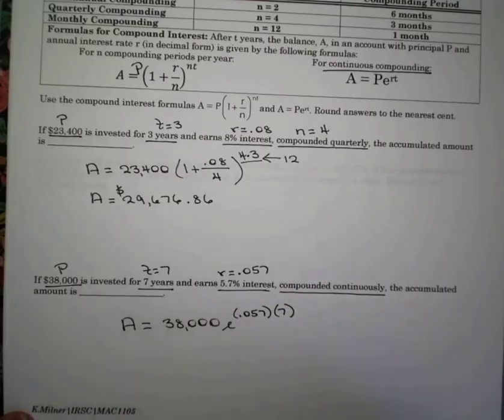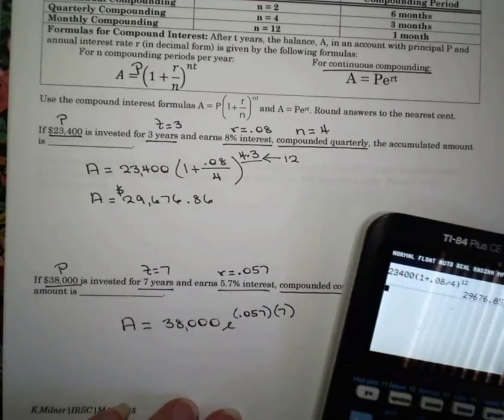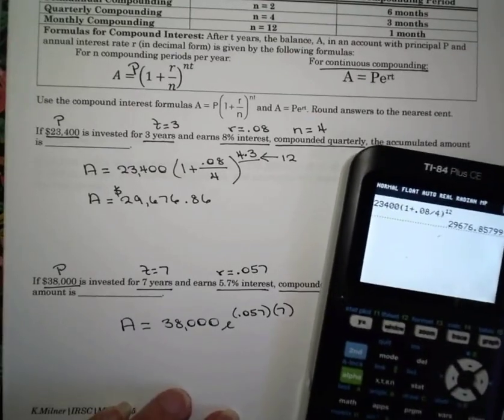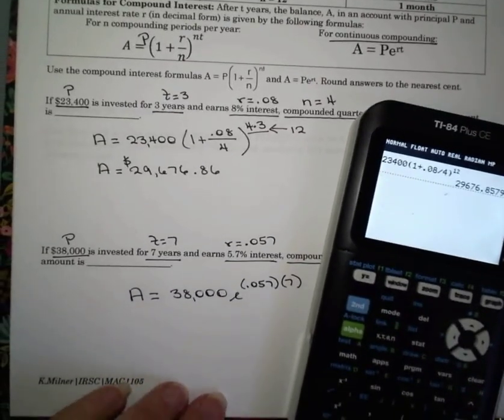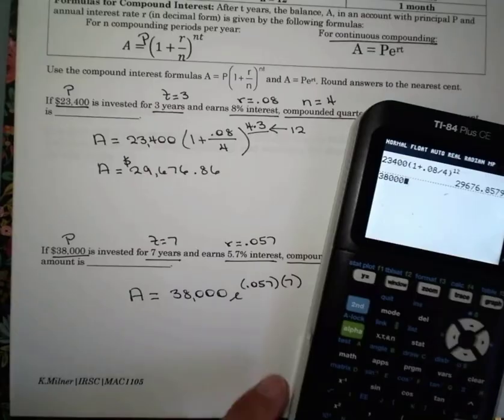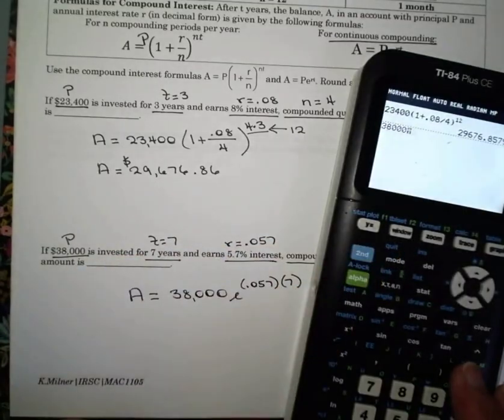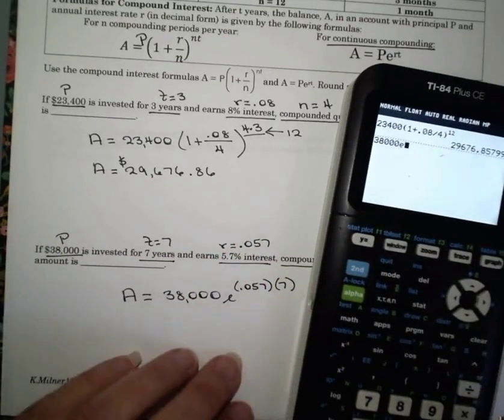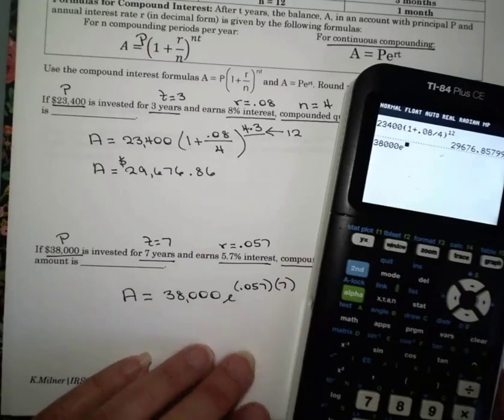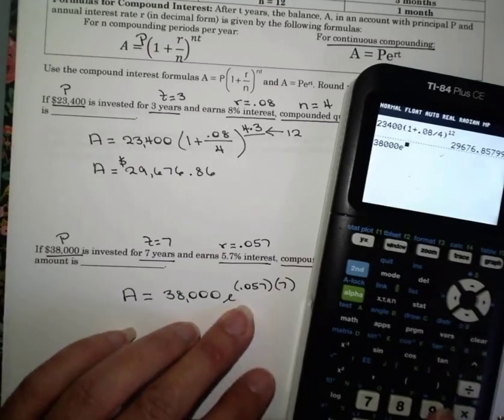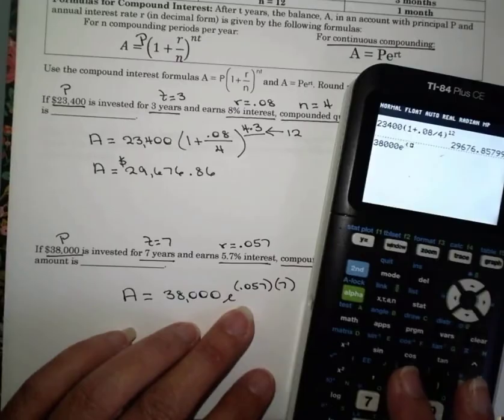Now, I'm going to just enter it into the calculator this way because those are some confusing numbers, but I'll be careful, and you be careful, make sure your calculator is doing what you think it is. So I got 38,000, and then I say E. Now, where did I find it? It's right above the division symbol, isn't it? Right over here. So I'm going to have to say second and division, and I entered E, and now I want to raise that E to an exponent. So I'm going to put my exponent in parentheses this time.